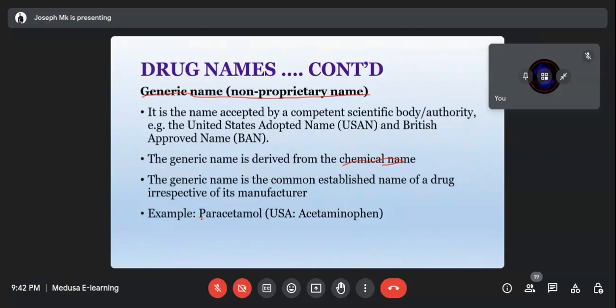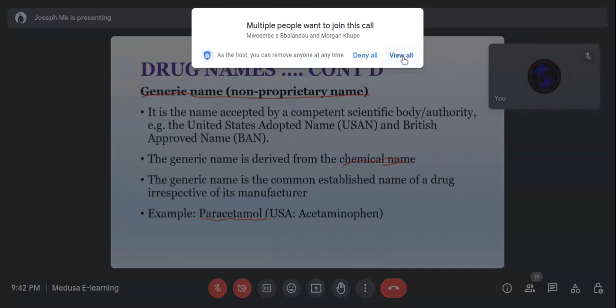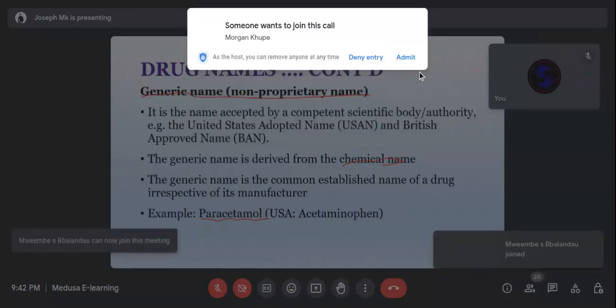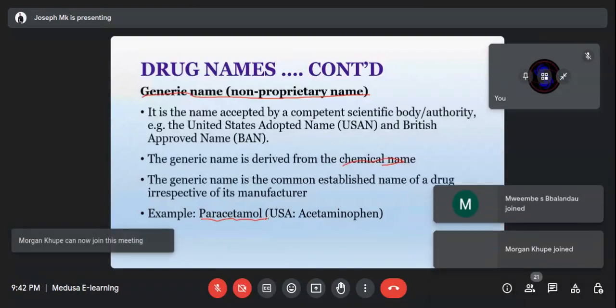But when a person, especially people from Chipata, is told to go and buy paracetamol, you'll find that they'll go to a shop and say, panado, panado. And definitely, anyone will know that panado is this drug called paracetamol.